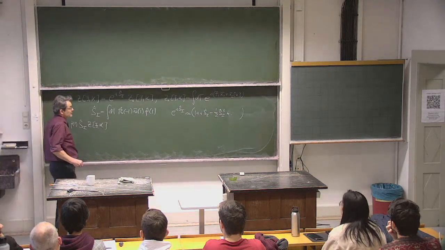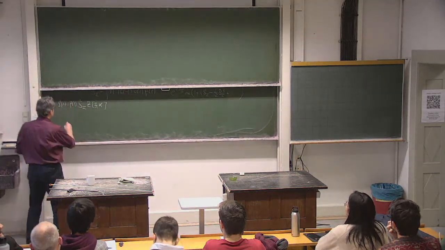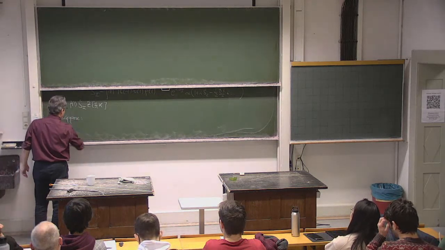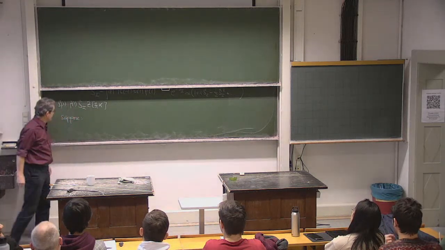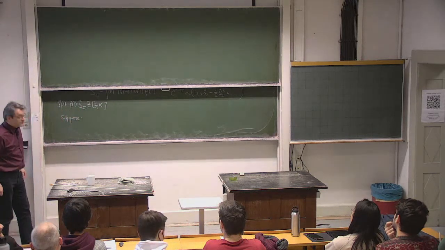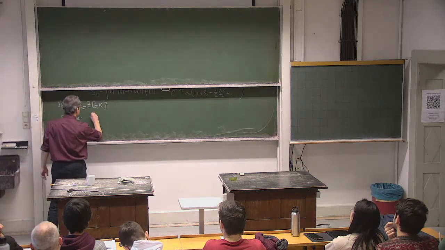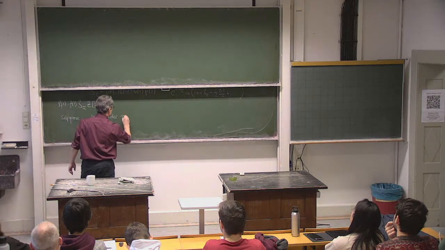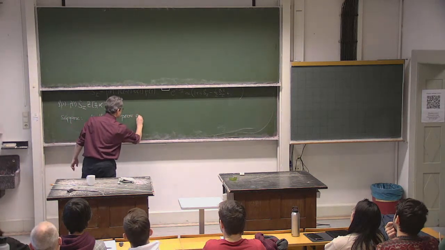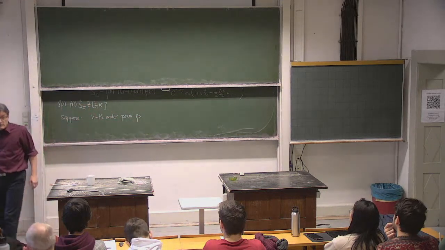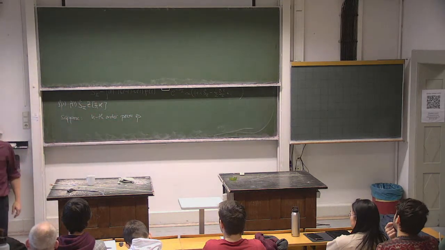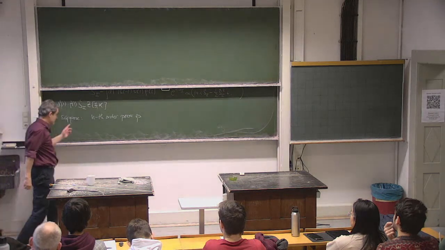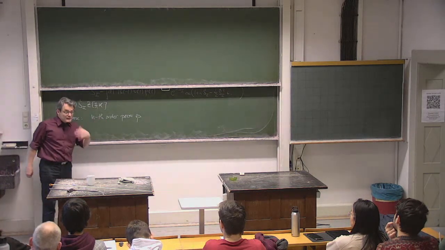So let's suppose I want to have an nth order power spectrum. So n equals 2 would be the ordinary power spectrum, n equals 3 would be the bispectrum, n equals 4 would be the trispectrum, and so on and so forth. So I want to have a power spectrum at nth order.